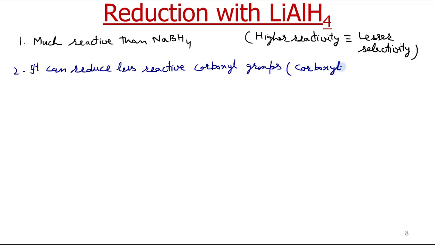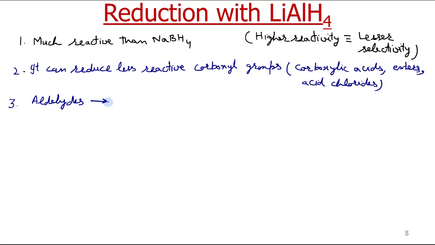It can reduce carboxylic acids to alcohols, and esters. It can even reduce other acid derivatives like acid chlorides. So it is a highly reactive reagent. It reduces almost all the carbonyl groups, and similar to sodium borohydride, it reduces aldehydes as the mechanism is the same.